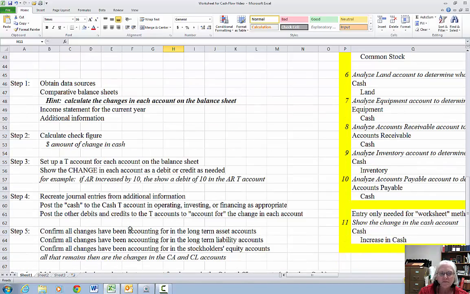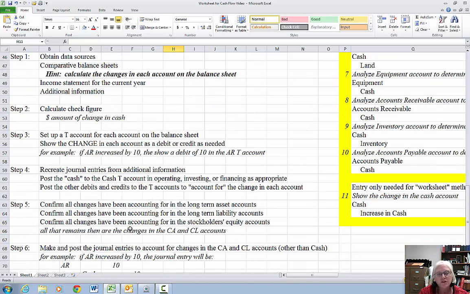Now I have kind of a step-by-step process to get everything you need, so you can get your information together, and then I'll show you how to work a problem. So the very first thing you do is you obtain your data sources, and that's usually a set of comparative balance sheets.